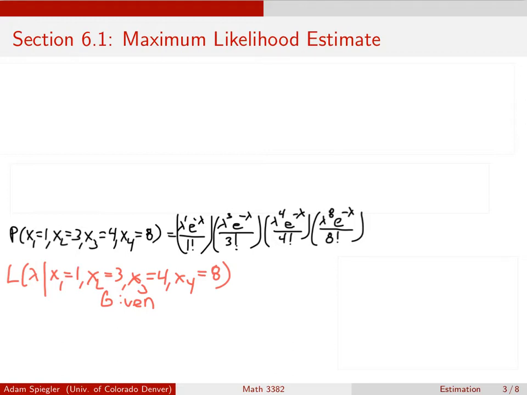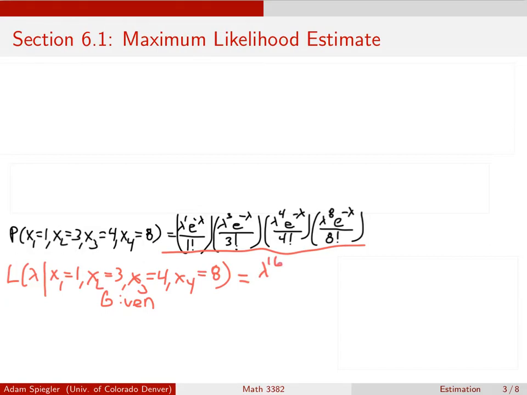And what we know is, well, this is the probability of getting that output. So I'm going to condense this formula. For example, I have lambda to the first, lambda to the third, lambda to the fourth, lambda to the 8. So altogether, that gives me lambda to the 16 on top.